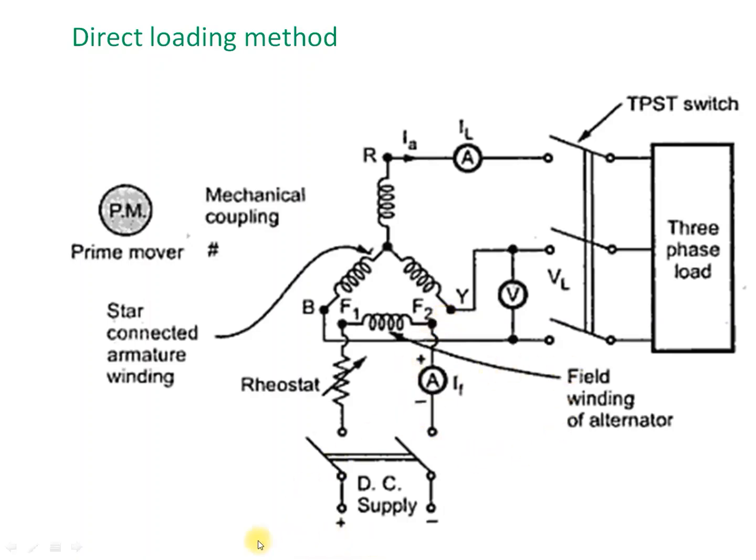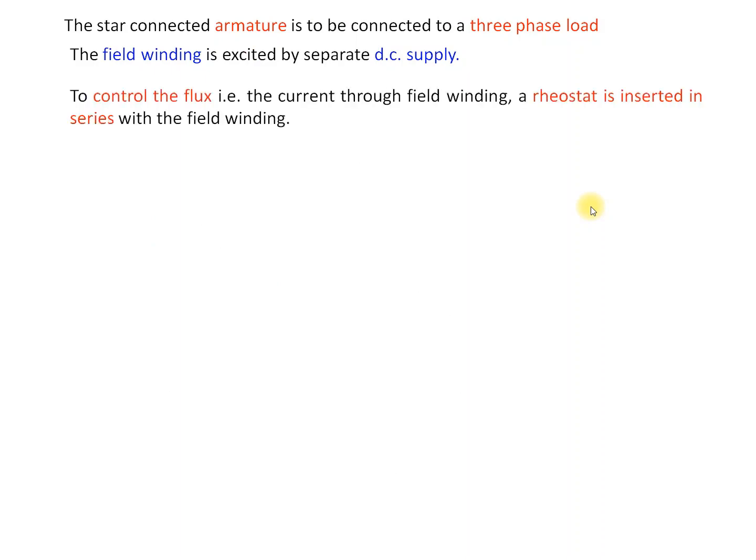The input field current IF, whichever we give, is kept constant in this loading method, and for that particular IF we find the value of VL for both no load and full load. From that we can calculate the voltage regulation in this method.